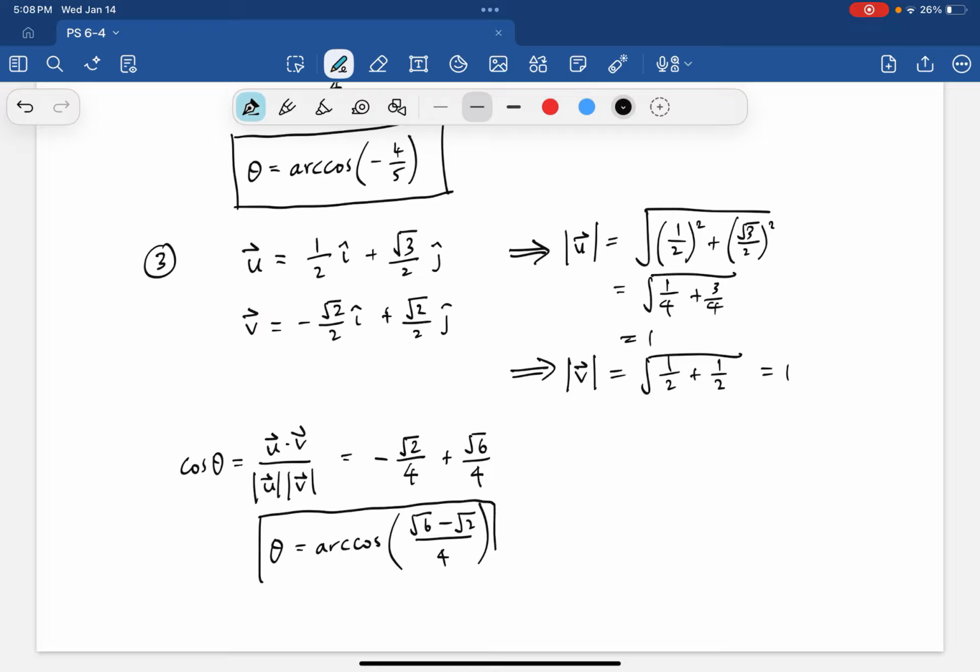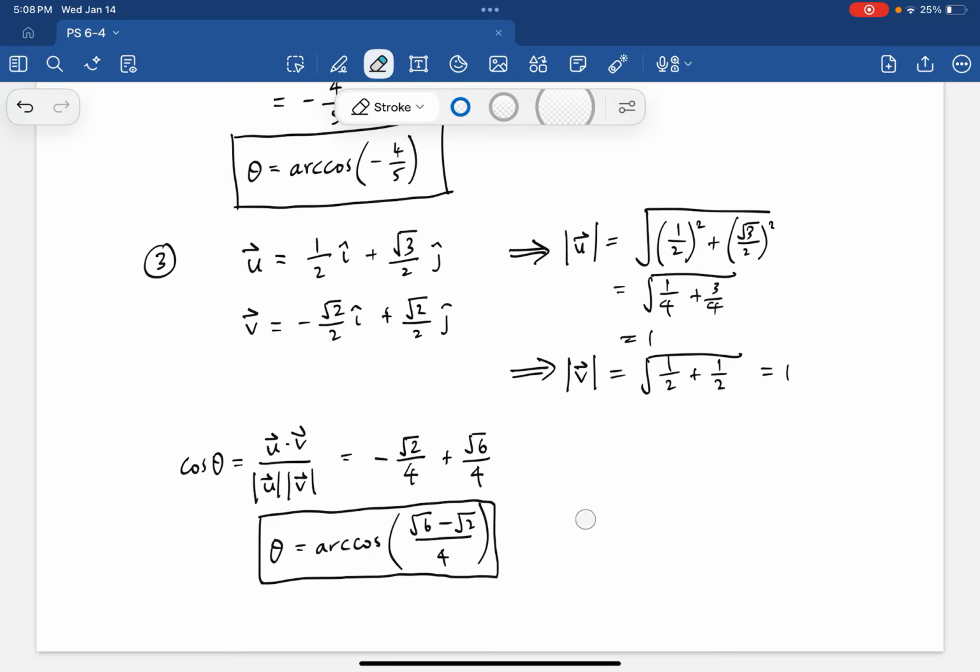Now, I would be okay with you leaving it like this on a quiz. But if you're clever, you should have remembered from maybe some past homeworks that this is actually going to equal 5 pi over 12. Okay? You could have calculated 5 pi over 12 using cosine addition or subtraction formulas.